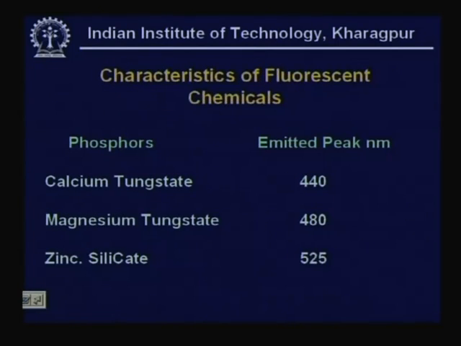Now, notwithstanding this, it's got a range, but what is it that matters? It again matters that the radiation re-radiated after fluorescence, where does it have a peak? How does it compare with the sensitivity of the eye? Where is our eye sensitivity maximum? It's around 550 nanometers.